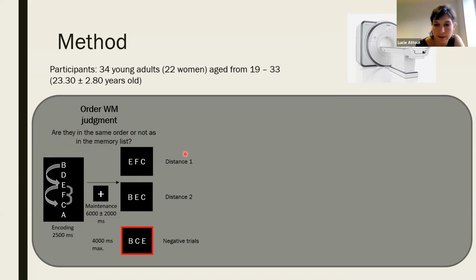And we manipulated the distance between the letters to judge, with a distance of 1 for adjacent letters, as you can see here, E, F, C, or a distance of 2 for letters distant by 2 positions in the memory list, like here, B, E, C.